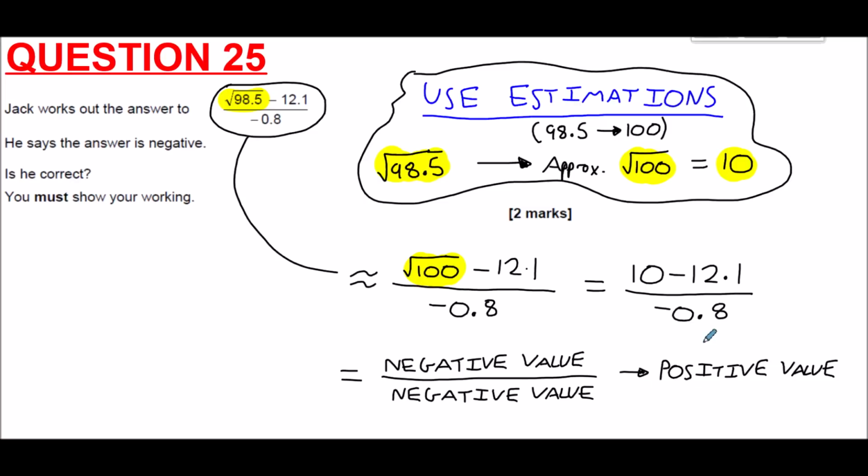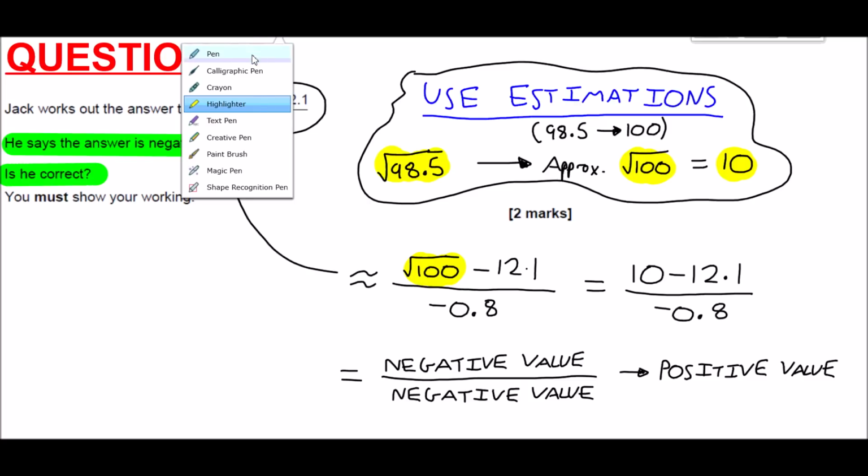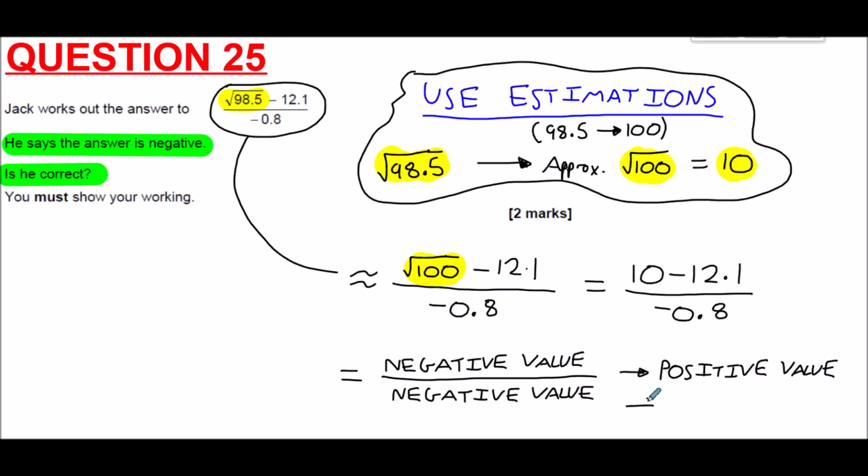And so it's shown here that this calculation should give a positive value. Jack says the answer is going to be negative. Is he correct? The answer is therefore no, he's not correct. It won't be negative, it'll be positive.